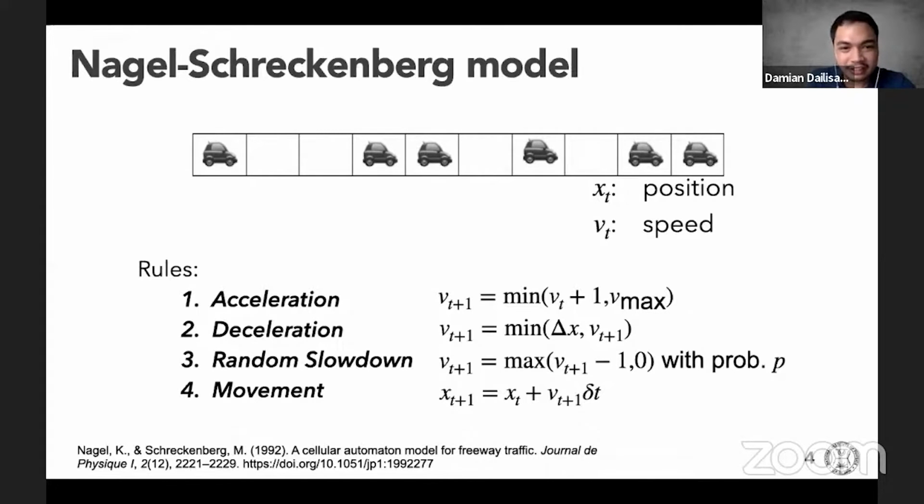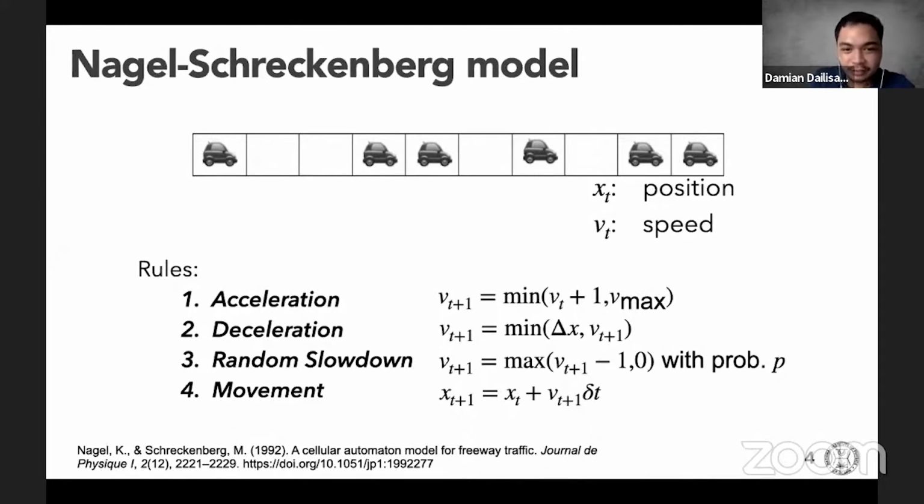So vehicles can either accelerate, they can decelerate to avoid bumping into each other. There is this random slowdown probability, which makes the model much more realistic, adds some randomness to it. And then, of course, vehicles move forward at every time step.